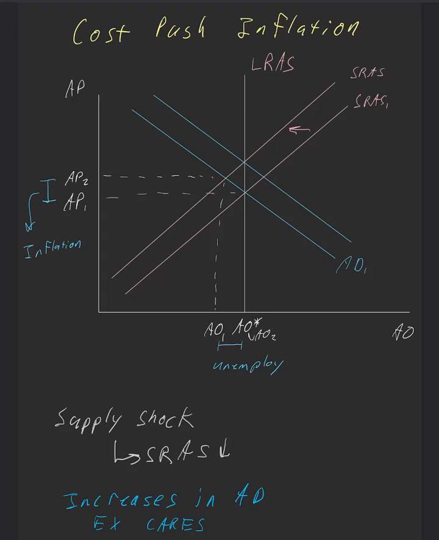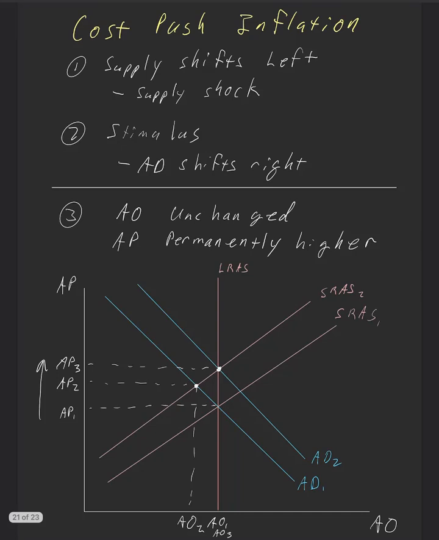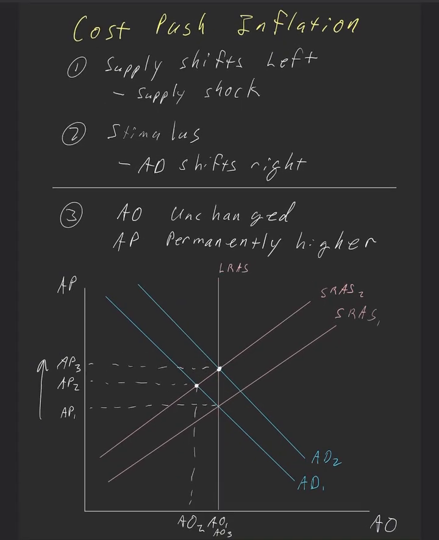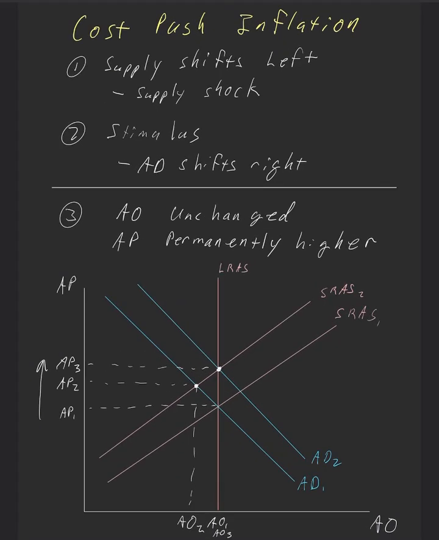We get back to aggregate output, but now we're once again left with permanently higher inflation. Okay, so to recap, we get a supply shock, supply shifts left, the monetary authority has to engage in a stimulus in order to shift aggregate demand to the right. As a result, aggregate output is unchanged, aggregate prices permanently higher. So we end up with the same result as we had with demand.